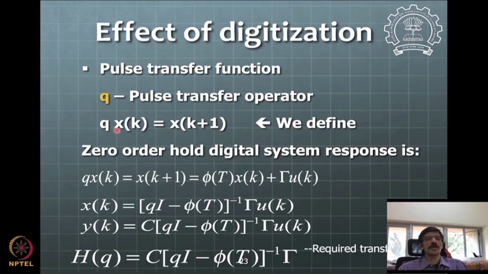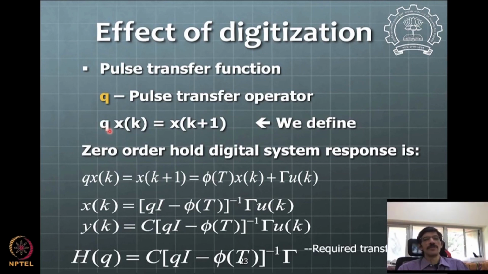So q square x of k will be x of k plus 2, like that. So q is some kind of operator which we have defined now to get the forms for the transfer function, the way we get things in the continuous domain in terms of the variable s, which is the Laplace domain variable.